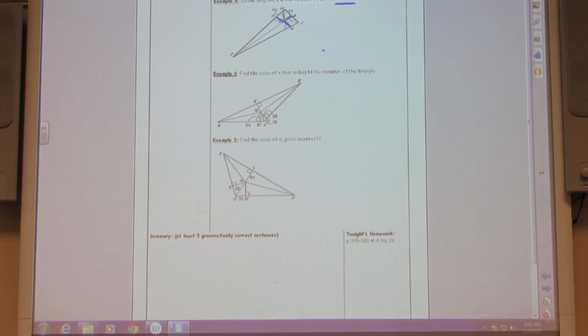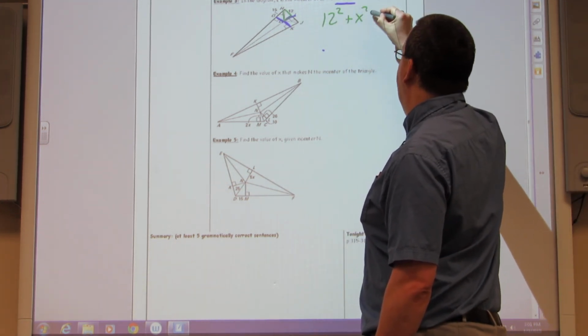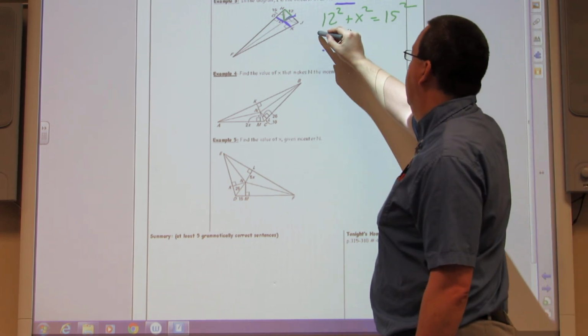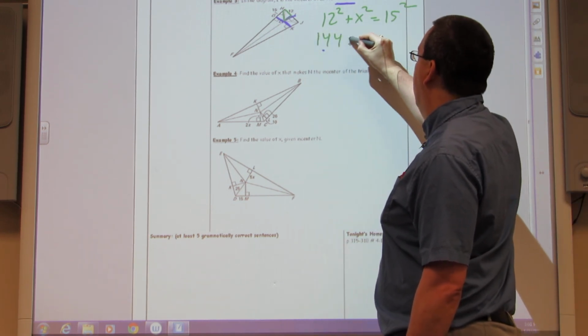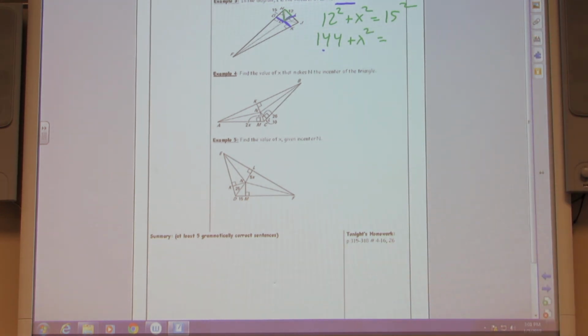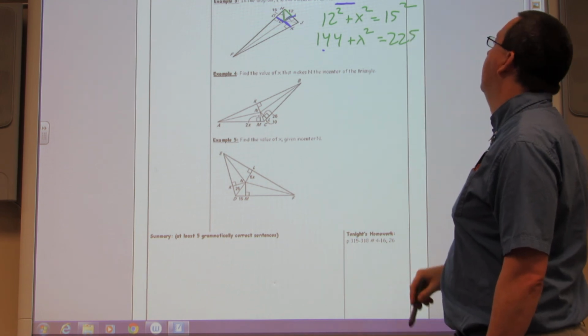Our setup would then be 12 squared plus x squared equals 15 squared. 144. Make sure you square first. You want to square before you start solving. So I have 144 plus x squared equals 225.